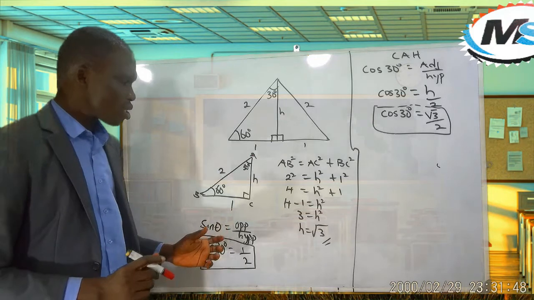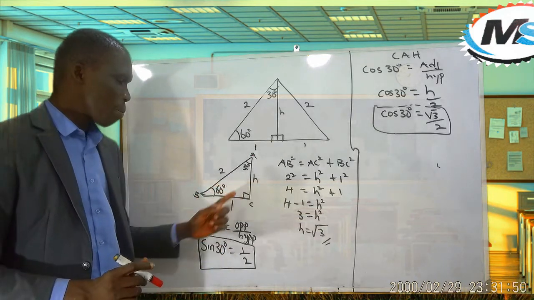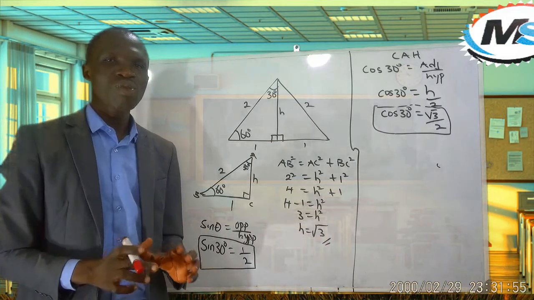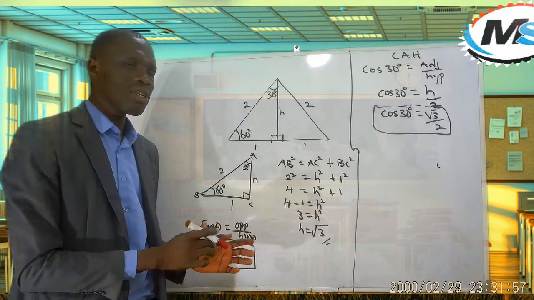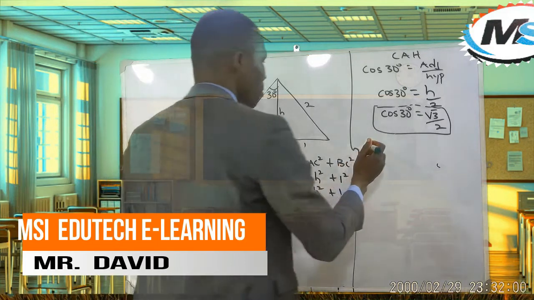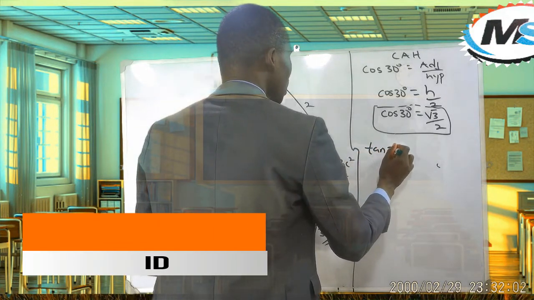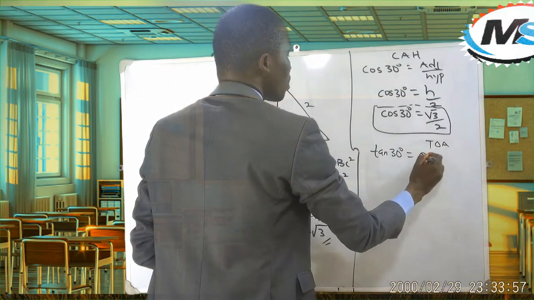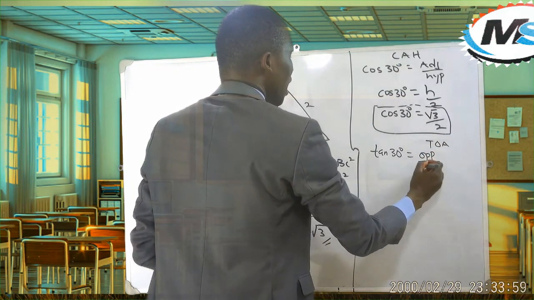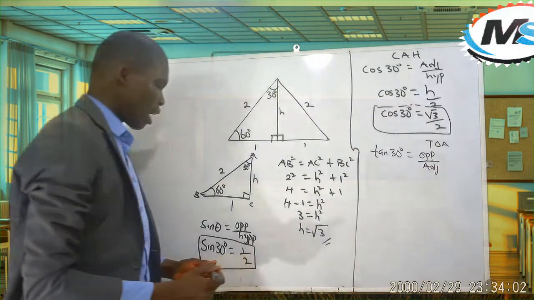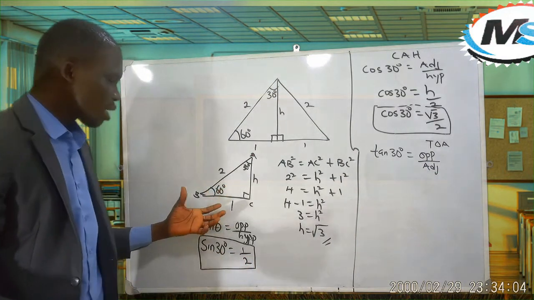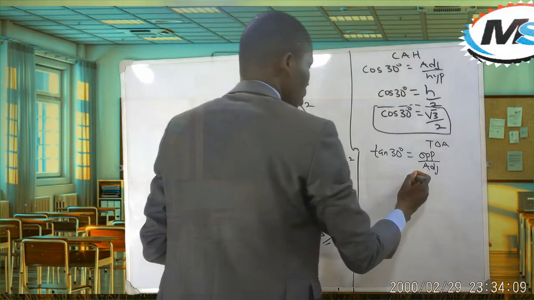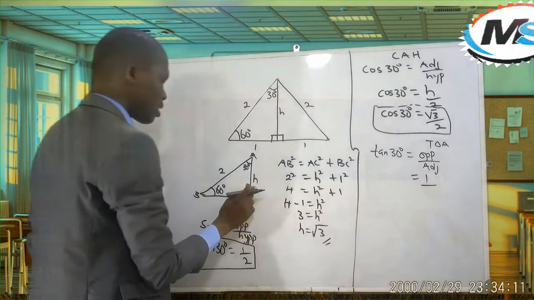Now we are through with sine 30 degree and cos 30 degree. Now the next thing is we want to look at tan 30 degree. Tan 30 degree will give us, remember TOA, opposite all over adjacent. Coming back here, we want to pick opposite. This is opposite, 1, all over adjacent, h.